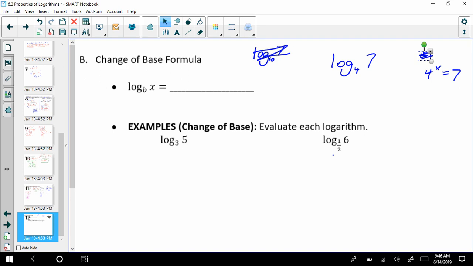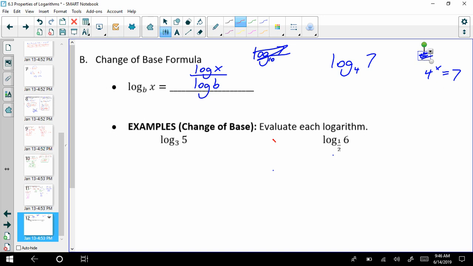Well, it turns out there's something called the change of base formula, and it says, hey, if you have a log with any base, I don't care what the base number is, you can rewrite this as log x divided by log b. Now, why is it called the change of base? Well, in this new form, the bases are now base 10. And that is something we can work with.